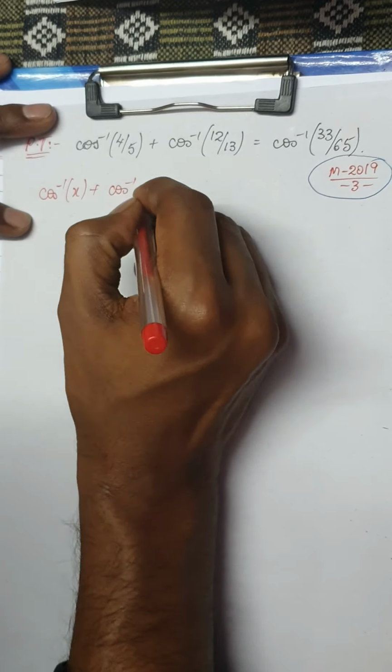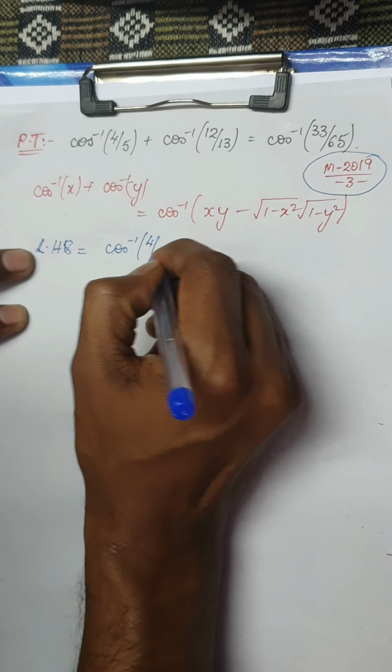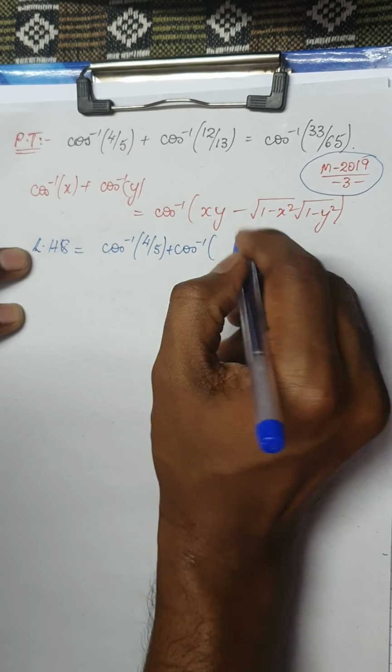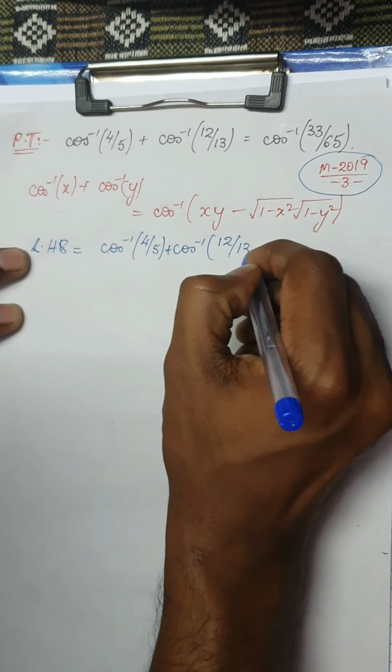Here, consider the LHS. The left hand side of this problem is cos inverse of 4 by 5 plus cos inverse of 12 by 13.